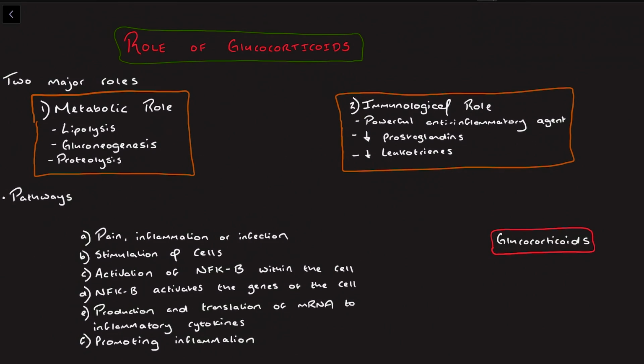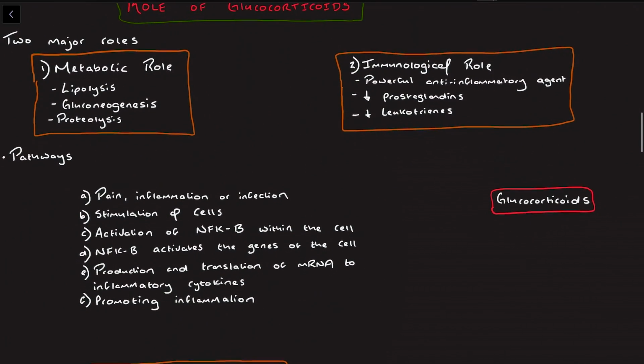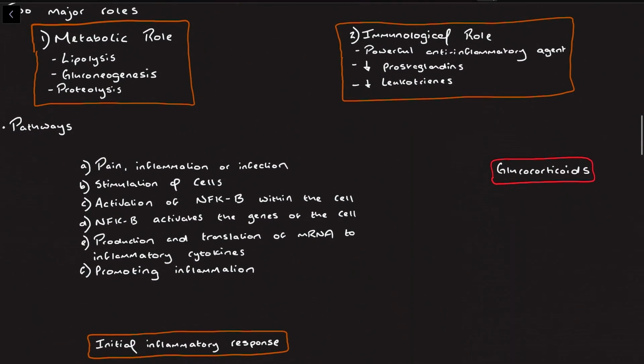I'll first briefly explain the two pathways of the body's response to inflammation and then talk about the glucocorticoids, how they alter the pathways. So the first pathway begins with pain, inflammation or infection. There is stimulation of cells via receptors.